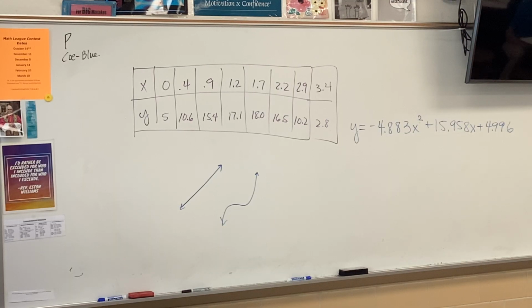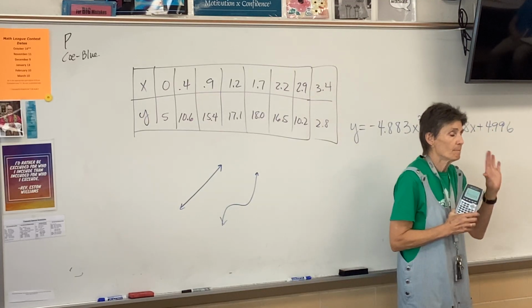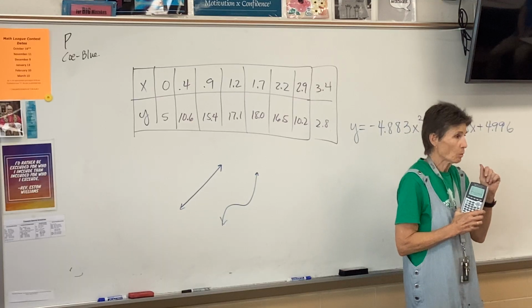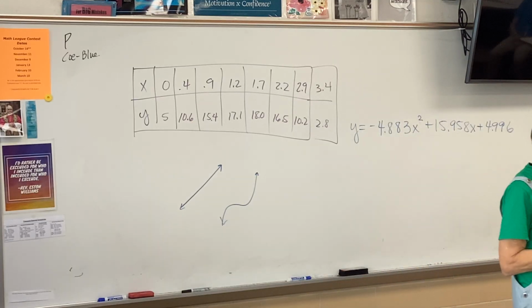What did we say was a good residual plot? What should we see? A balance, right? Some points above, some points positive, and some points negative.